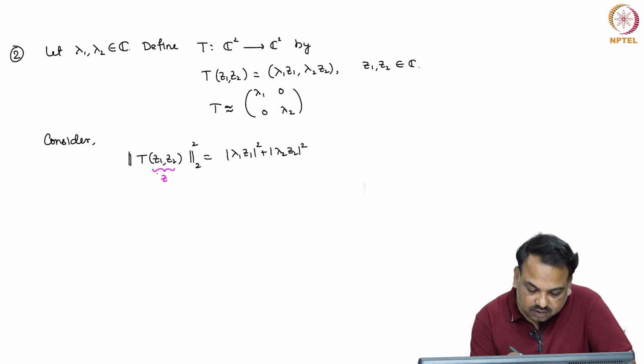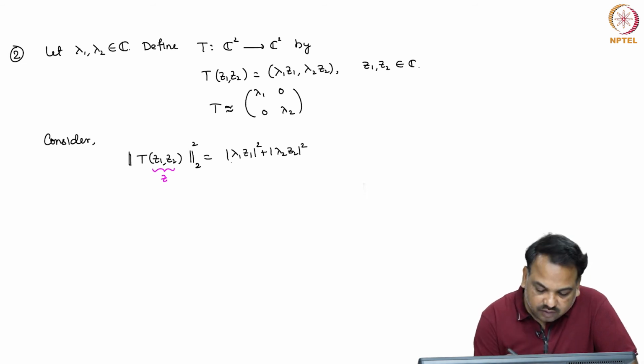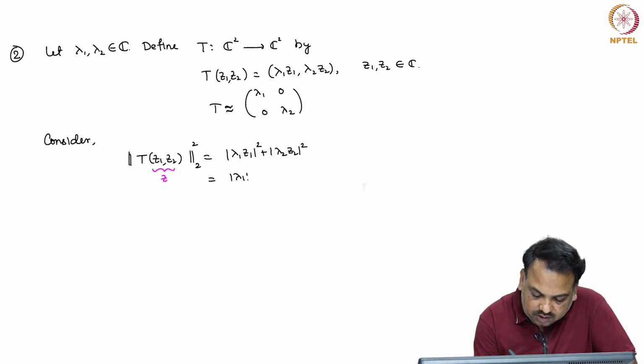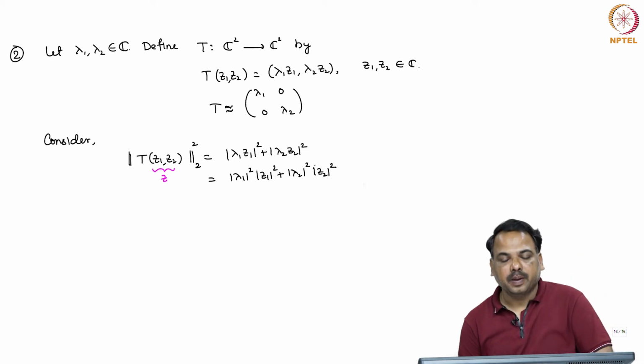If you simplify, norm Tz square is mod lambda 1 square mod z1 square plus mod lambda 2 square mod z2 square.